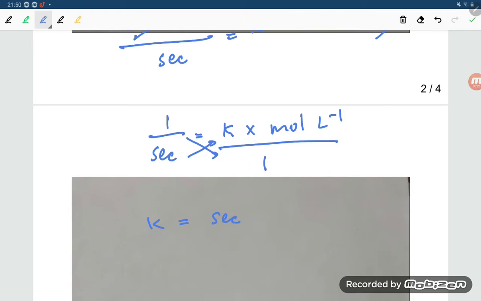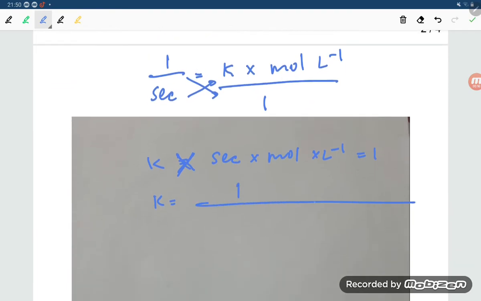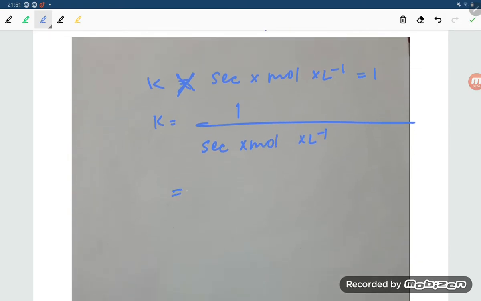K second into mole into liter inverse is equal to 1, right, student? So K is equal to 1 upon what is coming, student, second into mole into liter inverse, right?